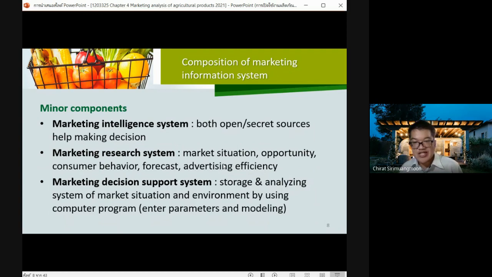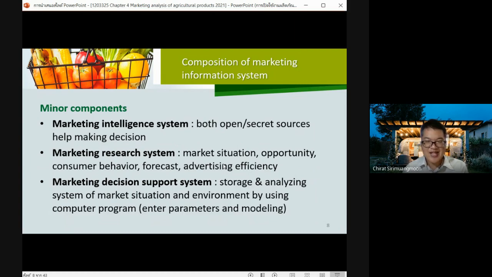The second subunit is the marketing intelligence system, or the source of information. If you ever watched movies or series, we have intelligence services, and you might have heard the word CIA. An intelligence system collects information from both open sources and secret sources.